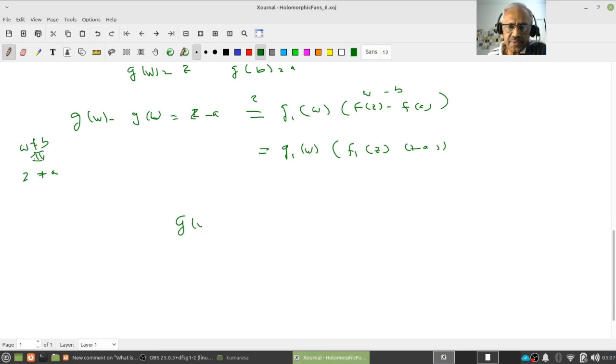Therefore g of w minus g of b is g1 of w into f1 of z. Yeah. This is what I want to do, w minus b, but that's going to be f1 of z into z minus a.